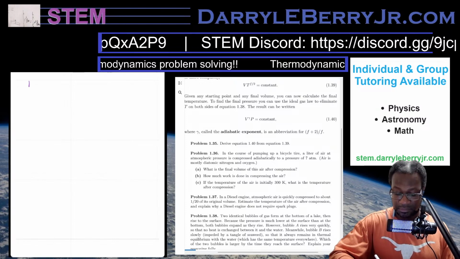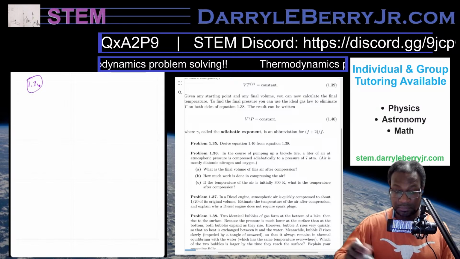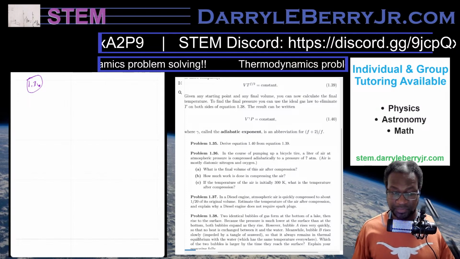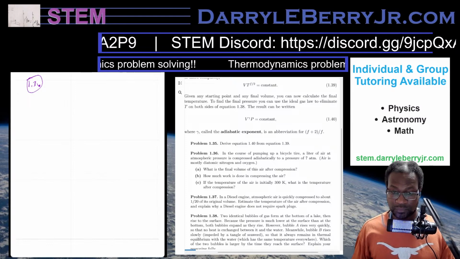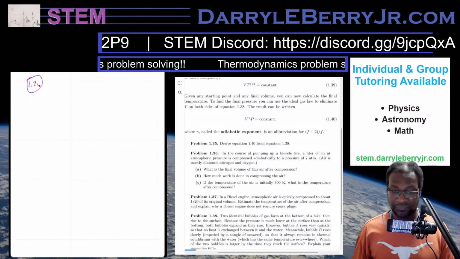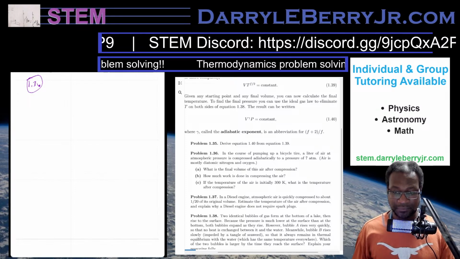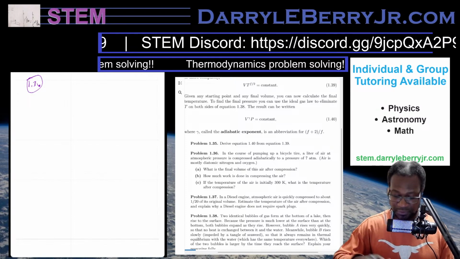136. In the course of pumping up a bicycle tire, a liter of air at atmospheric pressure is compressed adiabatically to a pressure of 7 atmospheres.